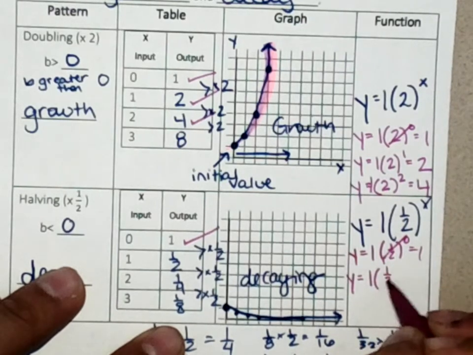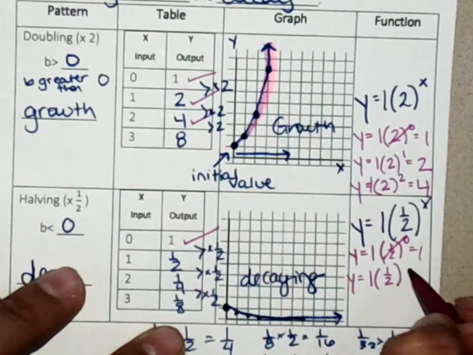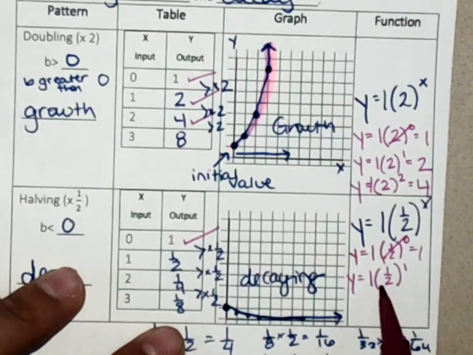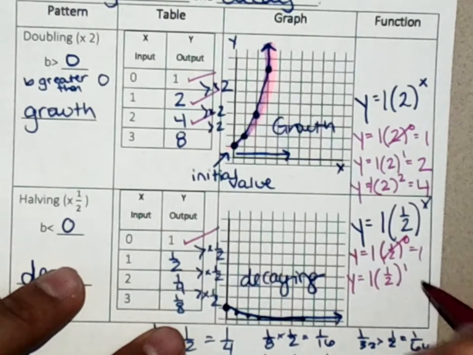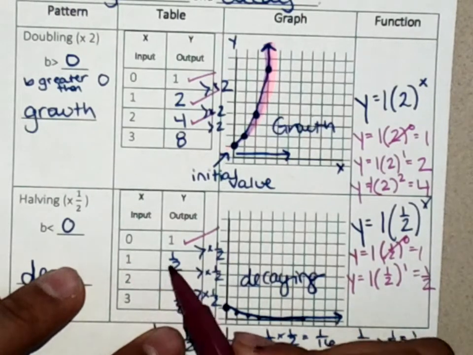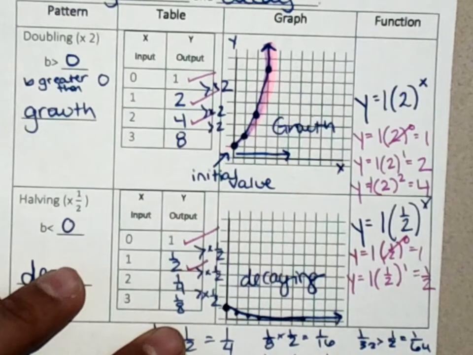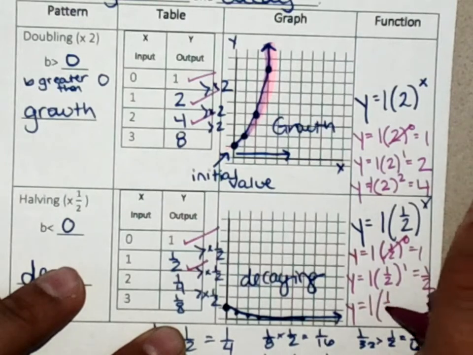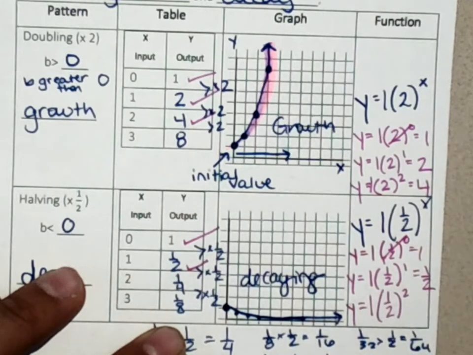1 times 1/2 to the 1 power. 1/2 to the 1 power is just 1/2. 1/2 times 1 is still 1/2. So when x equals 1, y equals 1/2, which is true. Y equals 1 times 1/2 to the 2nd power.